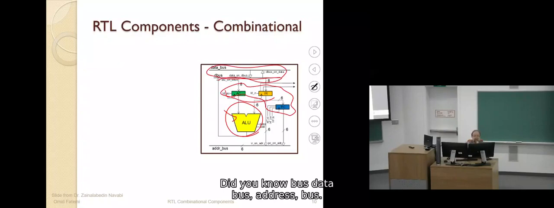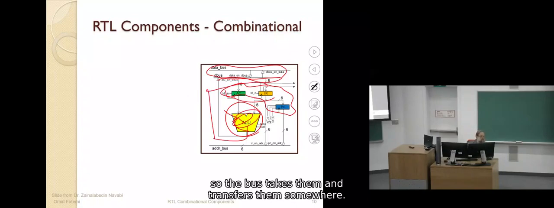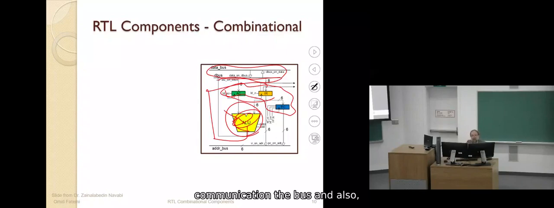No? Bus, data bus, address bus. So the bus is something that will connect them together. So you calculate something in ALU, then you need to store it in a register, for example. So the bus takes them and transfers them somewhere else. So we have something for communication, the bus.